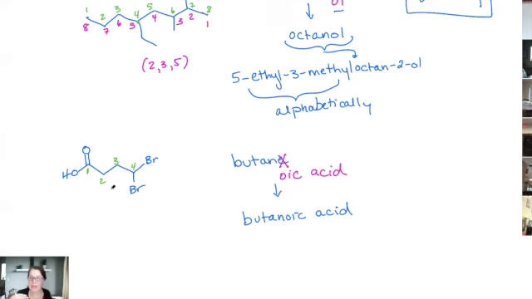So you take the name and you drop the INE from it and you add an O. So for example, we take bromine and we drop the INE and add an O. So this becomes bromo. All right. So how many of them are there?